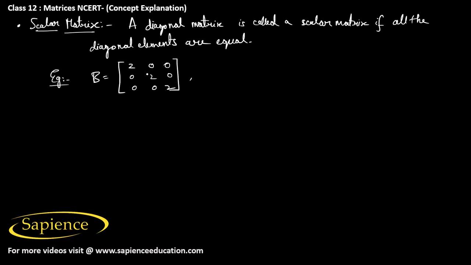Here we see that all the diagonal elements are equal. So B is a scalar matrix of order 3.